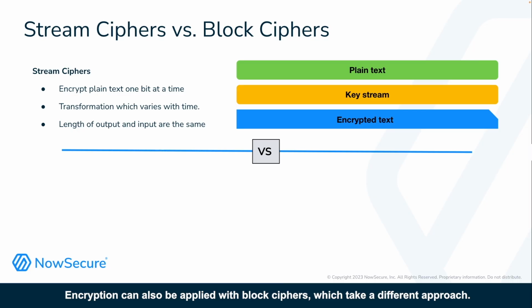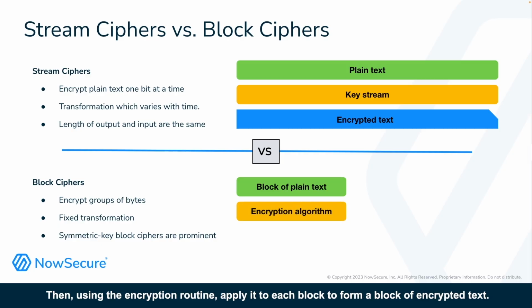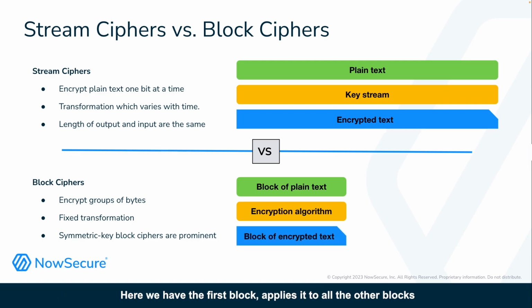Encryption can also be applied with block ciphers, which take a different approach. Block ciphers break the original message or data into blocks of bytes. Then, using the encryption routine, apply it to each block to form a block of encrypted text. Here, the first block applies to all the other blocks, then concatenates blocks of ciphertext together.